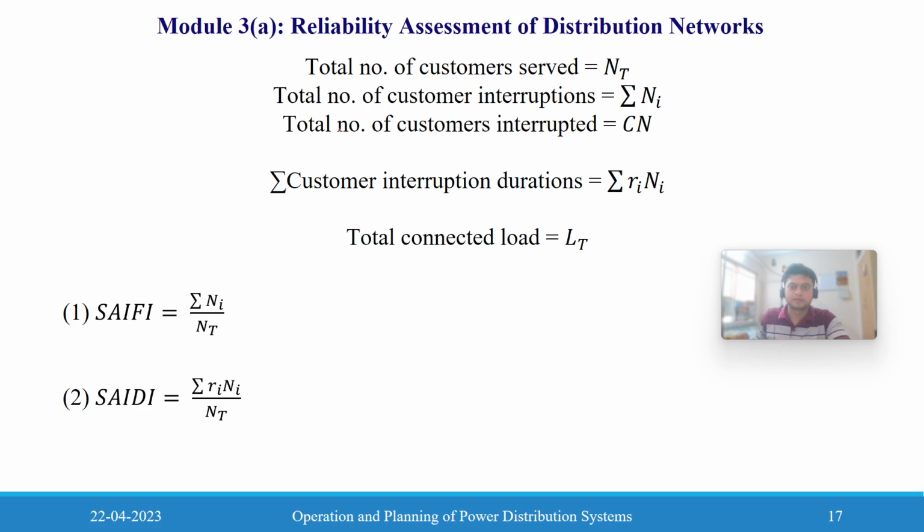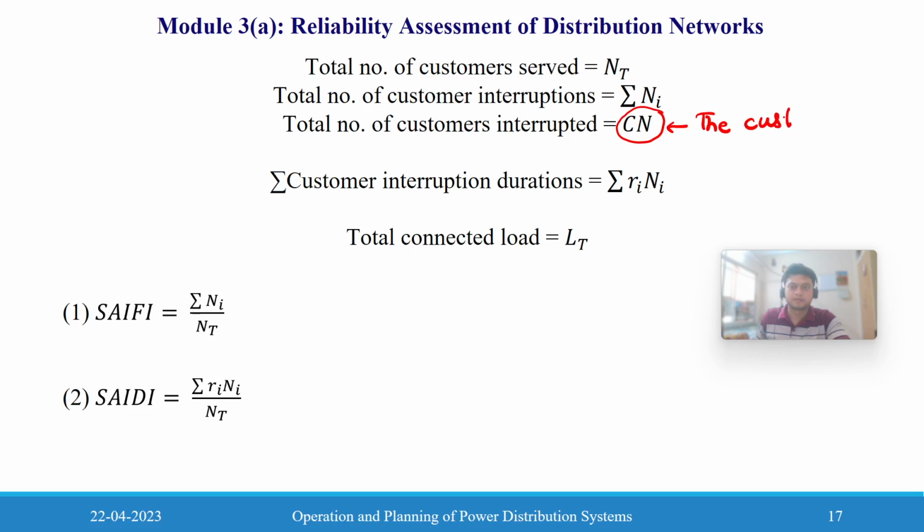And the conventional terms are denoted as total number of customers served as NT, total number of customer interruptions as sigma NI, total number of customers interrupted as CN. And in this CN, the customer is counted once regardless of the number of times interrupted.